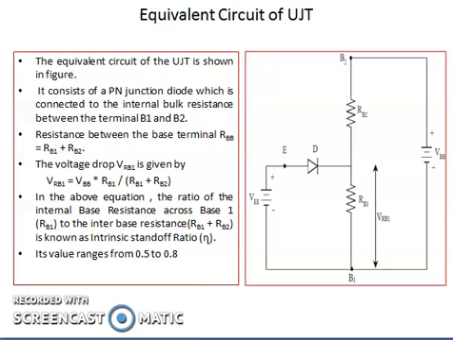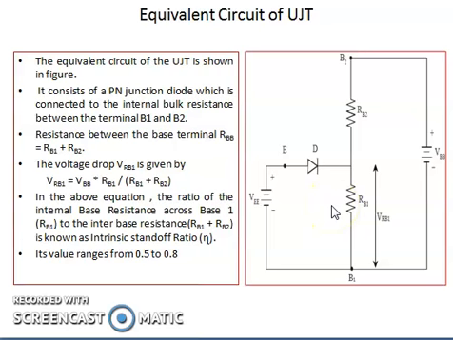It consists of a PN junction diode connected to the internal bulk resistance between the terminals B1 and B2. Here the diode D is connected at the input terminal, that is the emitter terminal, and between these two resistances RB1 and RB2.